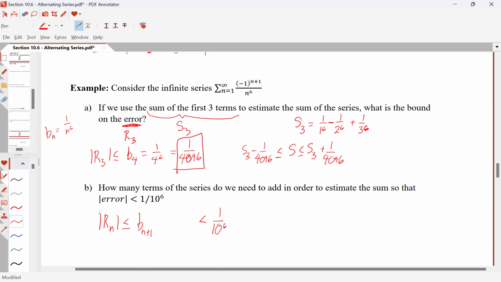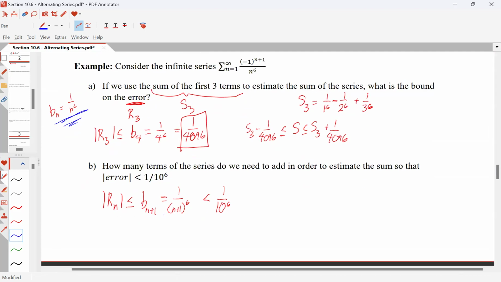The next term in the sequence, which is 1 over n to the 6th, is 1 over n plus 1 to the 6th, just taking n plus 1 and plugging it into our sequence. So we want to find n so that that inequality holds.